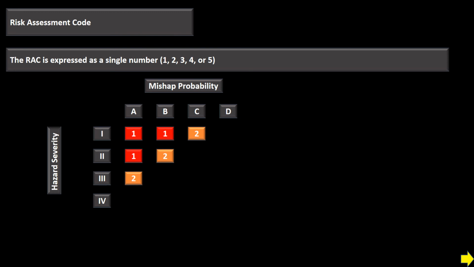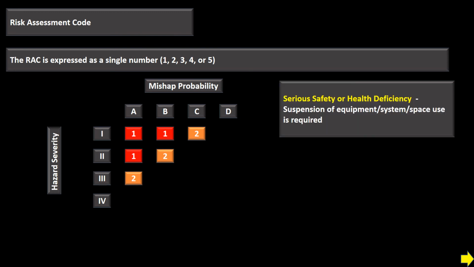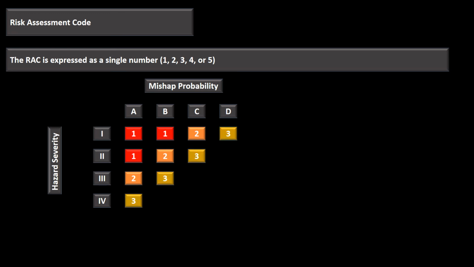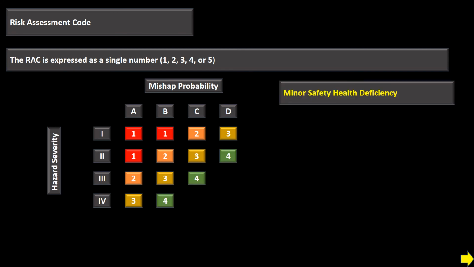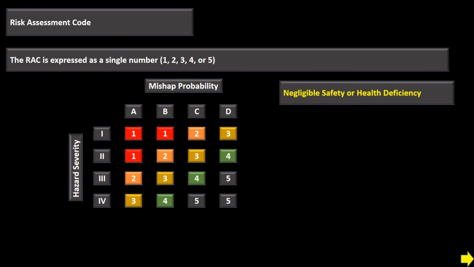So we assign those a RAC code of 2, and we say this is a serious safety or health deficiency. RAC level 3, it just kind of moves its way down, right? RAC level 3, moderate safety or health deficiency, and then RAC level 4, a minor safety or health deficiency, and then a RAC level 5, negligible safety or health deficiency. And that's how the RAC codes work.